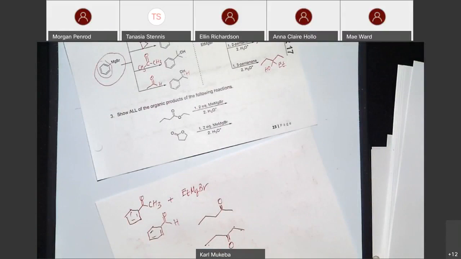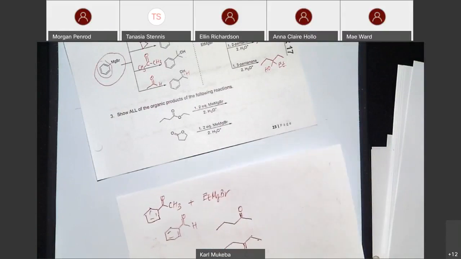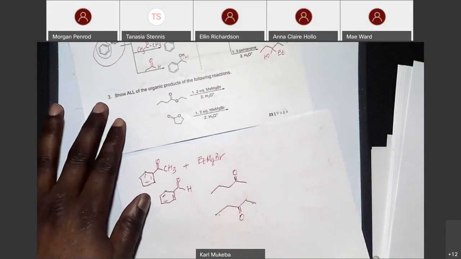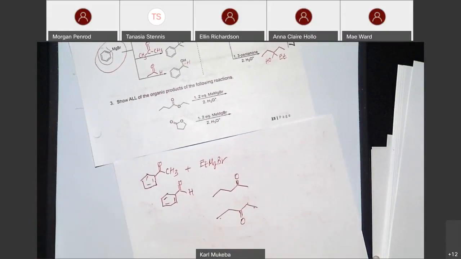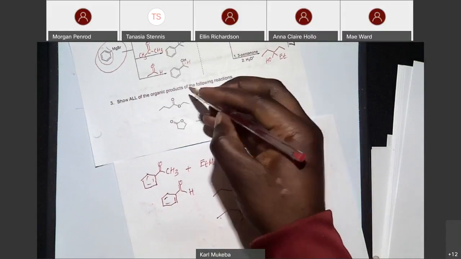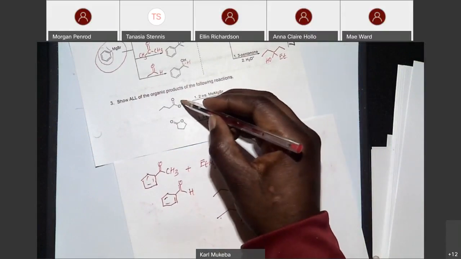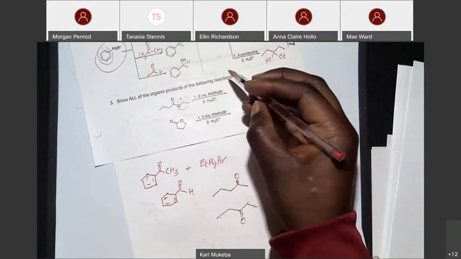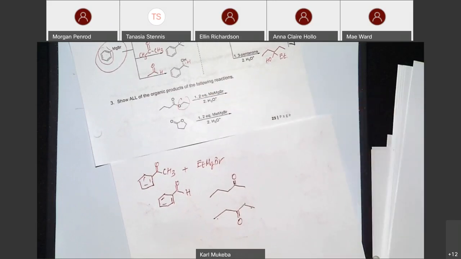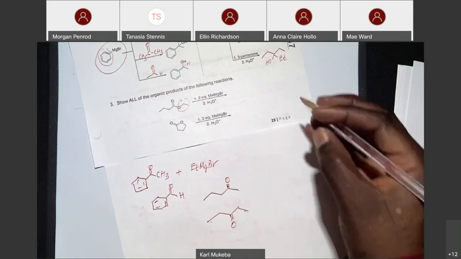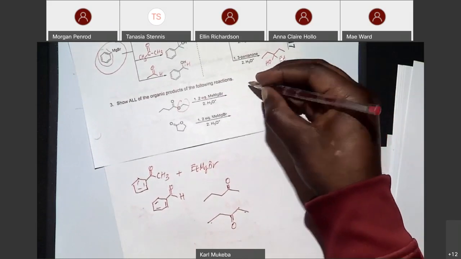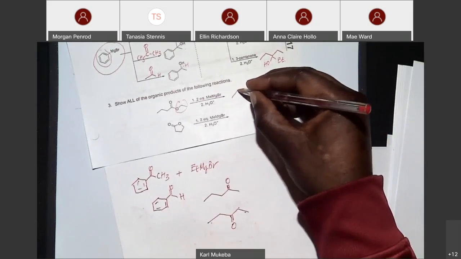It is almost the same thing, but this time we have an ester, and we have 2 equivalents of Grignard reagent. So that means we have 2 substitutions, right? So our product will be something like this.